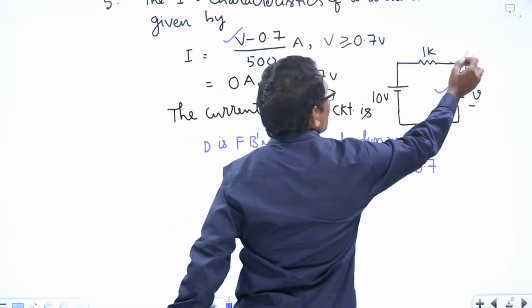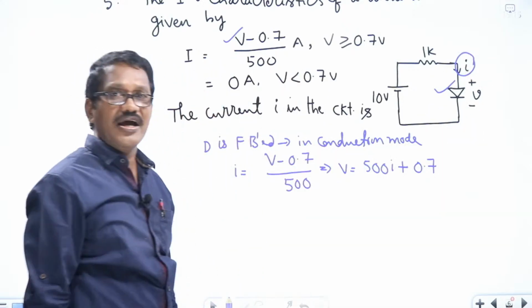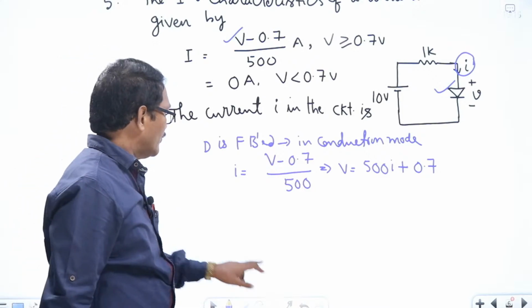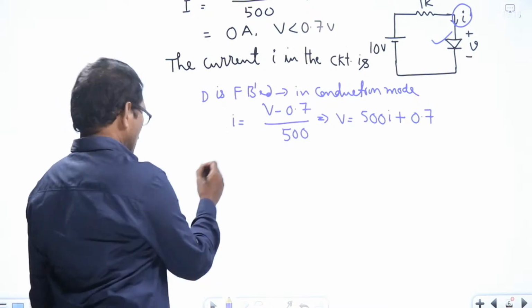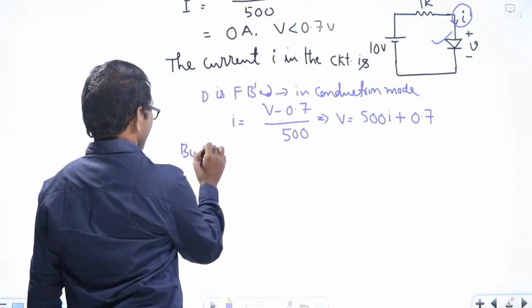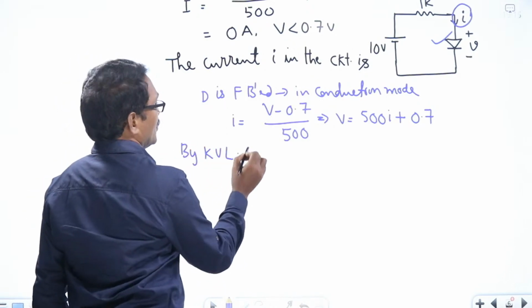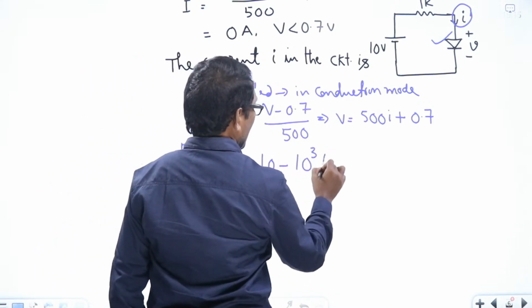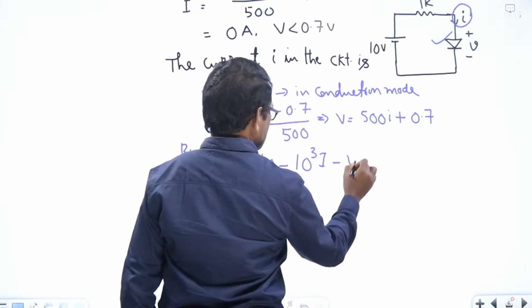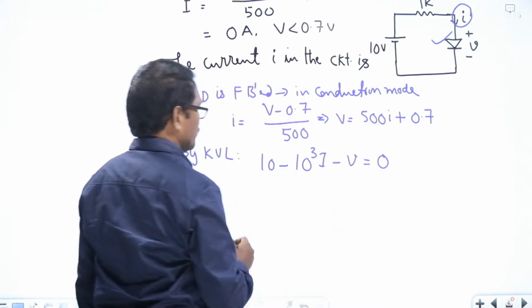Current through the diode is to be calculated. Then, by KVL, 10 minus 10 cube I minus V is equal to 0.